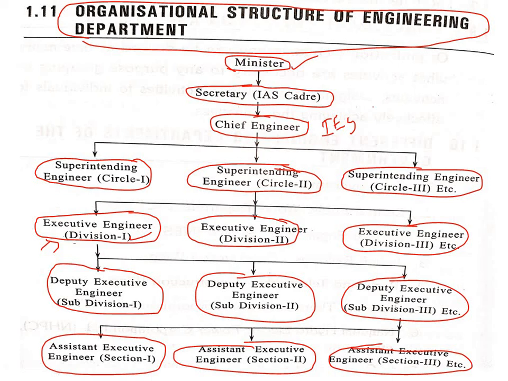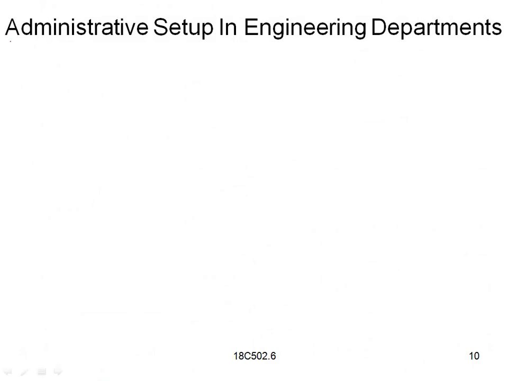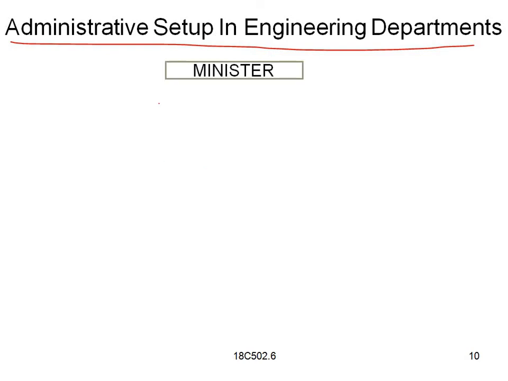And the next is the administrative setup in engineering departments. How will this administrative setup work in the department? Just like what I have shown, minister, and under the minister you can see the secretary.